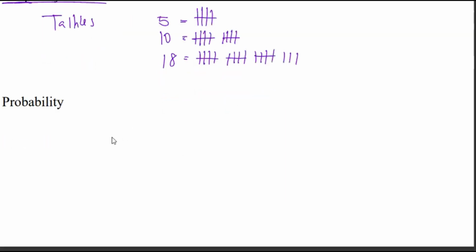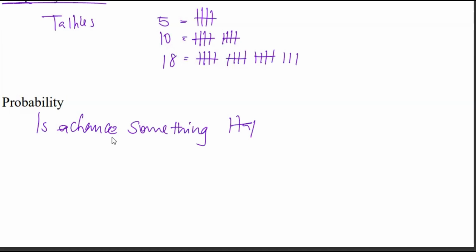Probability. Probability is a chance that something happens. It's either in decimals, or fractions, or you can leave it as a percentage.